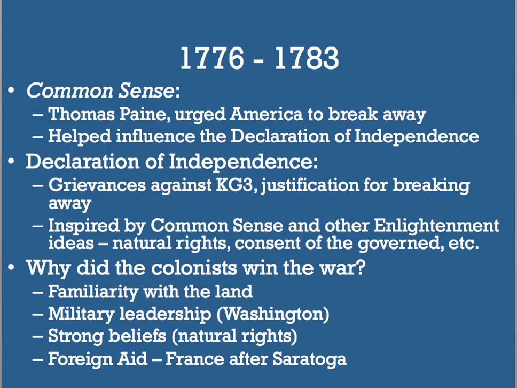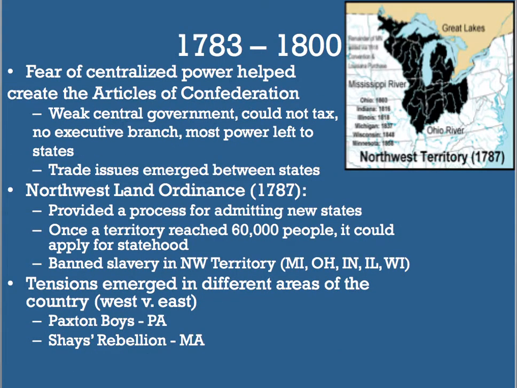But, as I said, new nation, new problems. There's a huge fear in America of centralized power at this time because they looked at what had just taken place with British policy and said, we can't have a government that strong. It's not a good idea. It's going to create problems. So they're going to create what's called the Articles of Confederation in response.